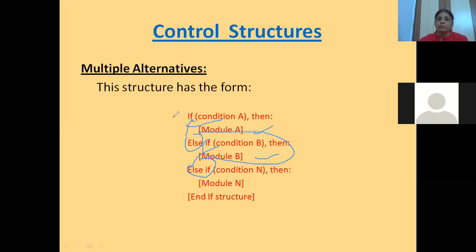But if you want to check multiple conditions, you have to use either the else if ladder or the switch case structure. But in an algorithm, you can use only the else if structure.